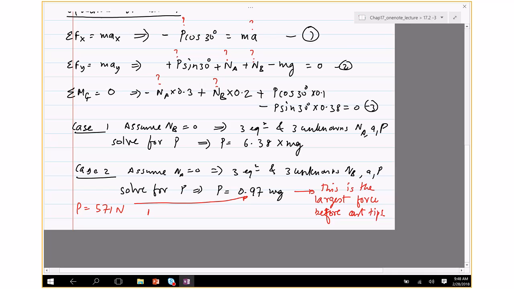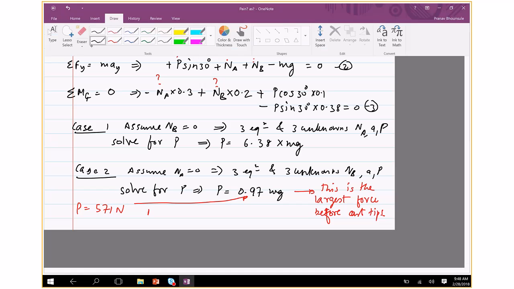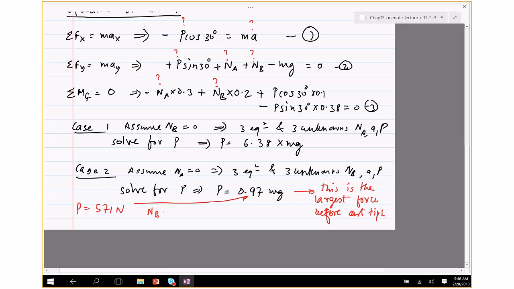The same case holds true. So P is 571 newtons and NB comes out to be 299.48. Okay.